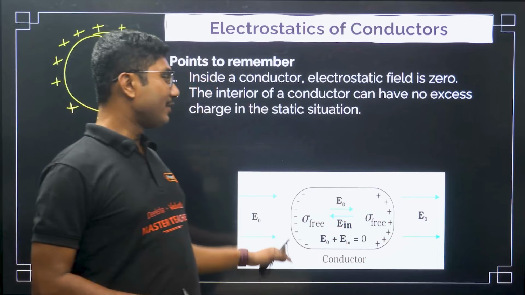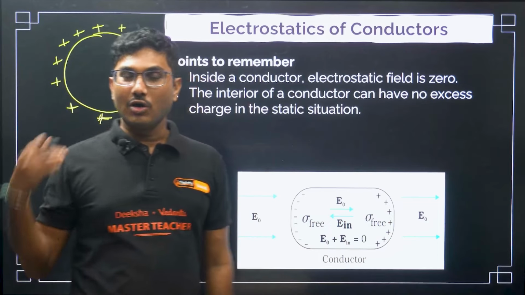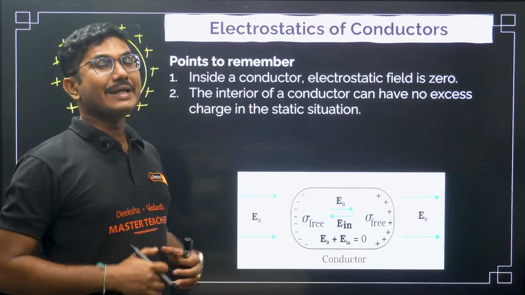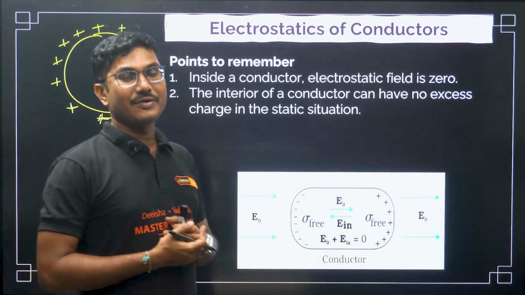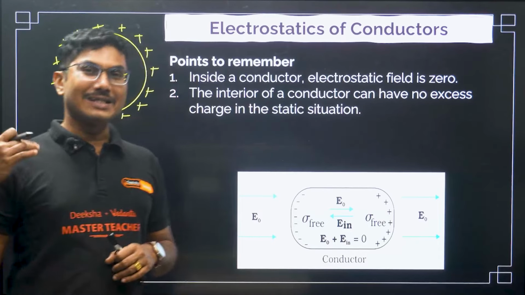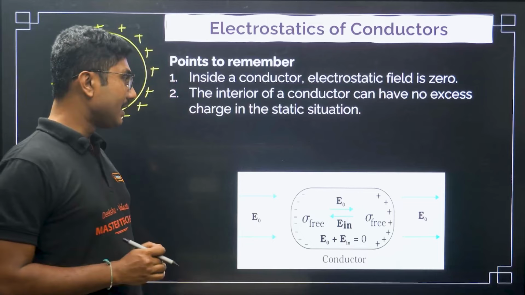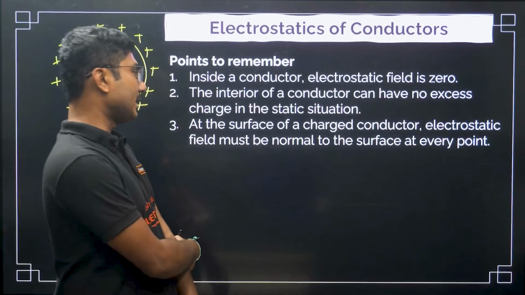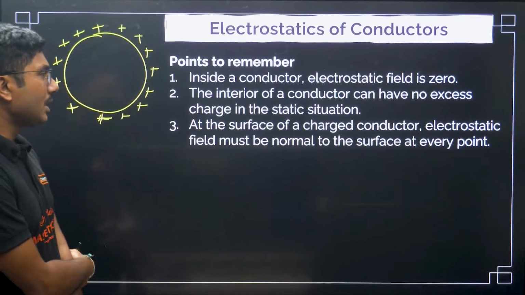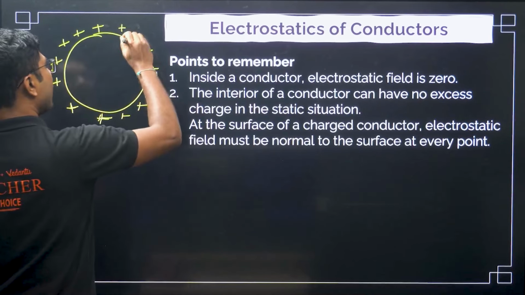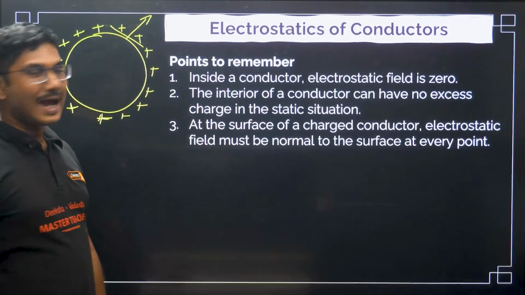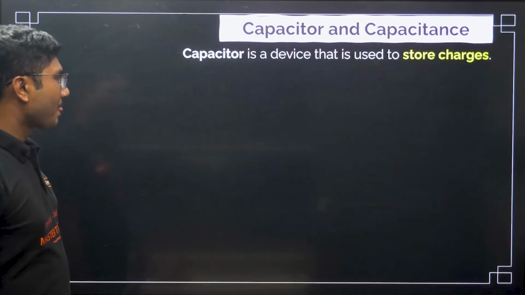So the net field inside the metal will always be 0, be it charged or placed in an external electric field. At the surface of a charged conductor, the electrostatic field must be normal to the surface at every point.